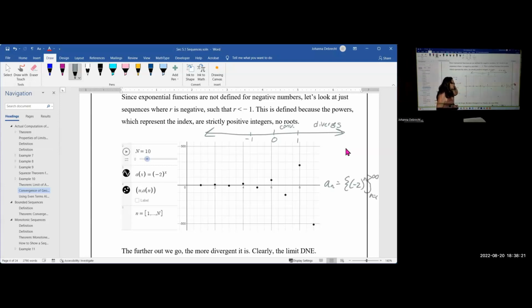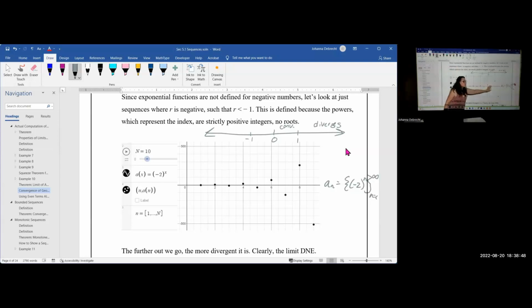What happens? Well, you can see that it starts out close to the x-axis and it alternates because of the negative raised to the nth power. But then as it gets further out, the values get larger and larger and larger. So they start going towards infinity, right? And if we were to push further out on the graph, we see they get even further apart.